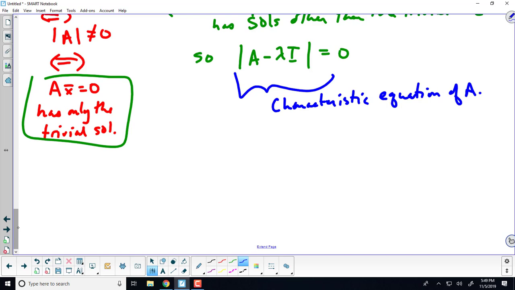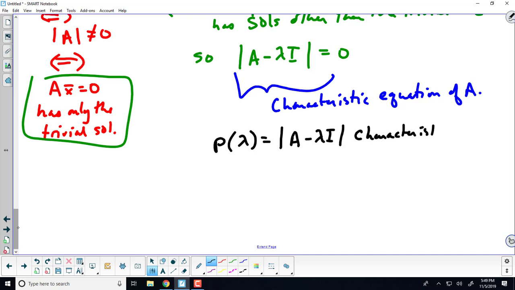And by the way, the book does this, so I'll say it too: P of lambda equal to the determinant of A minus lambda I is called the characteristic polynomial. Okay. So we've got all the critters down now.